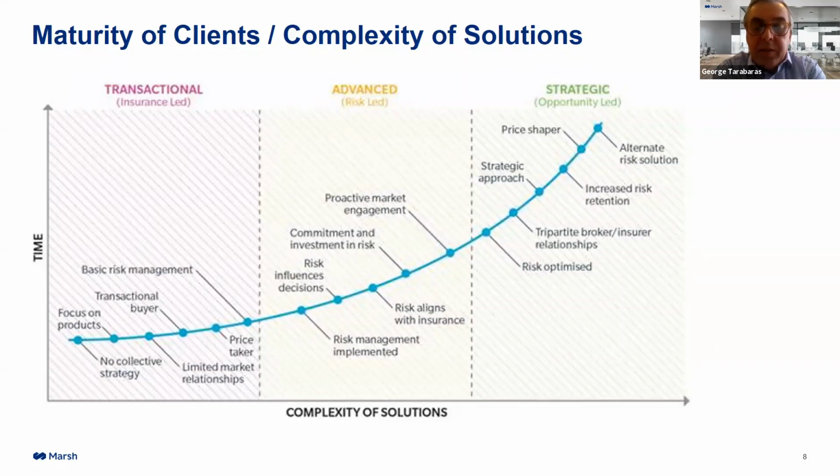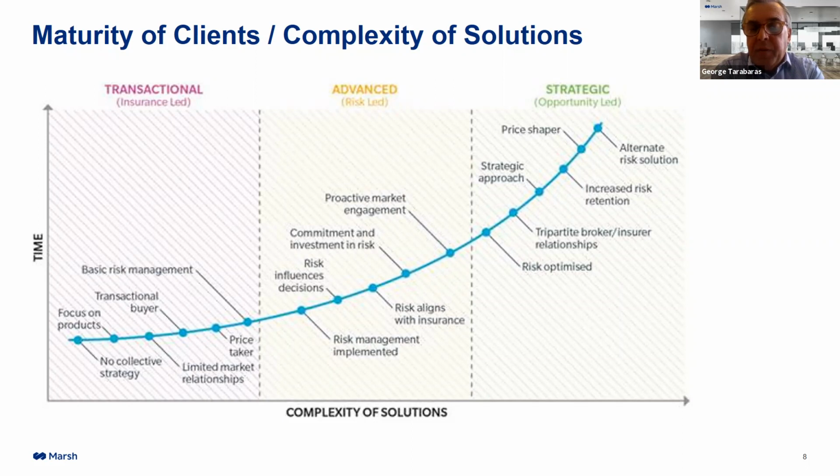The more mature and advanced companies are in the far right, where they're using strategic vehicles, whether they be captives or other solutions, to help shape the program, and using the insurance market as only one strategy, but they have a number of other strategies, including their own risk retention, captives, and also helping drive pricing and capacity through structures that they adopt.